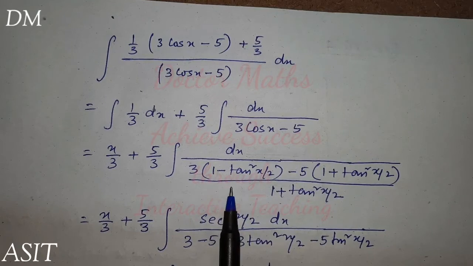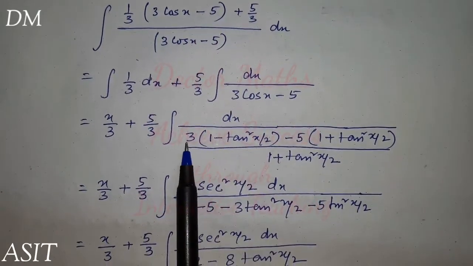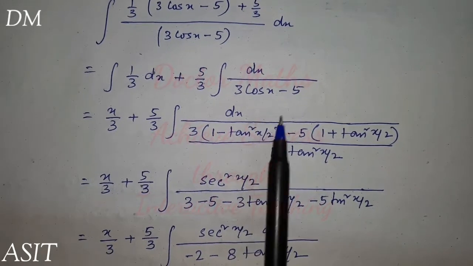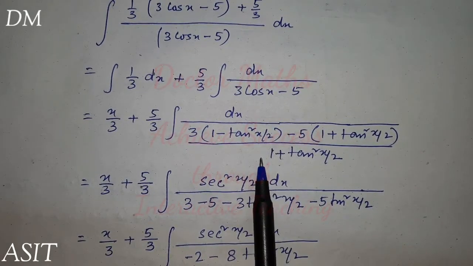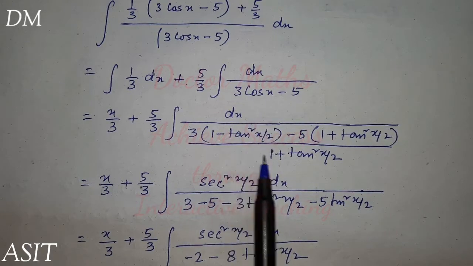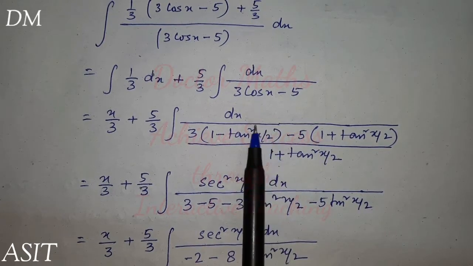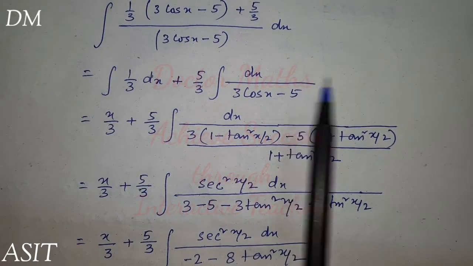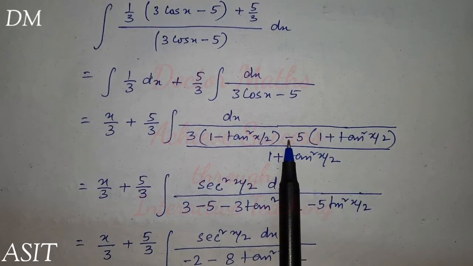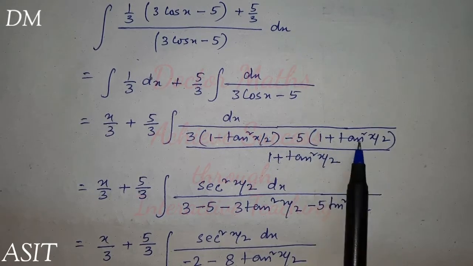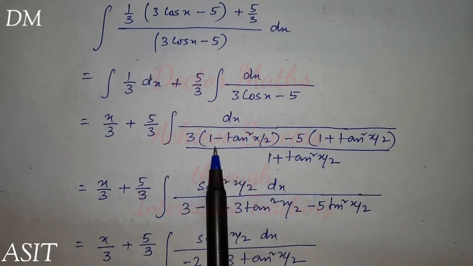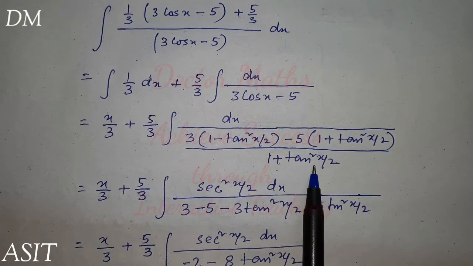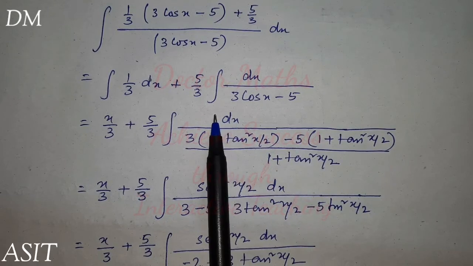So if we write the value, it will be 3 into 1 minus tan square x by 2. Now I will do the LCM. There is a 1 plus tan square x by 2 in the denominator, so this 1 plus tan square x by 2 will be multiplied with this 5. So we can write this as minus 5 into 1 plus tan square x by 2, and in the denominator it will be 1 plus tan square x by 2. Now this secant square x by 2 will go in the numerator.